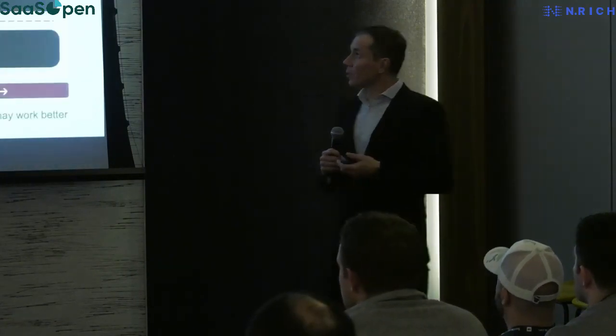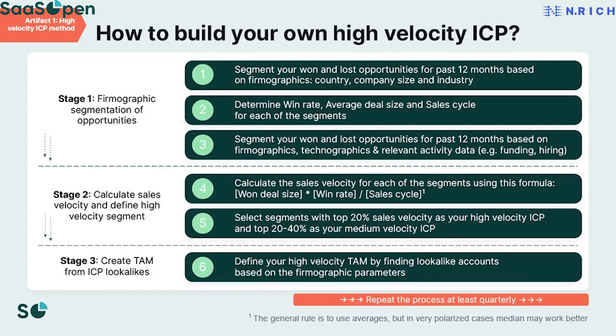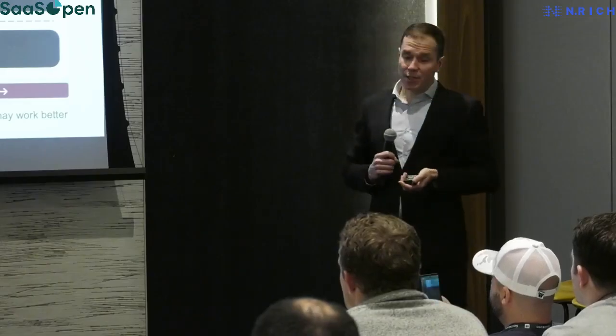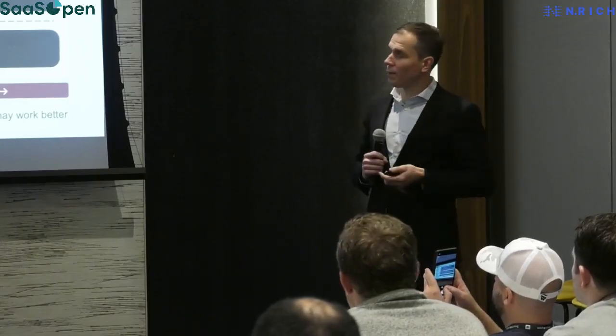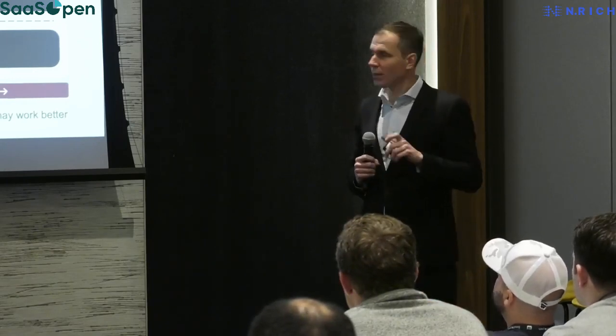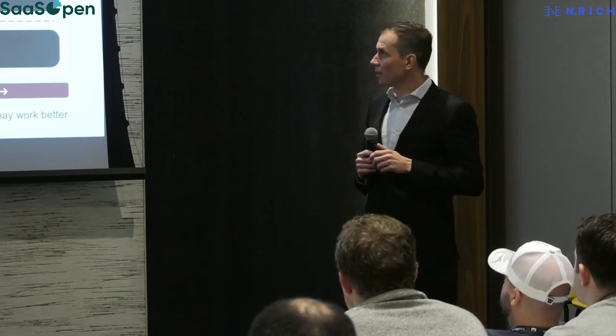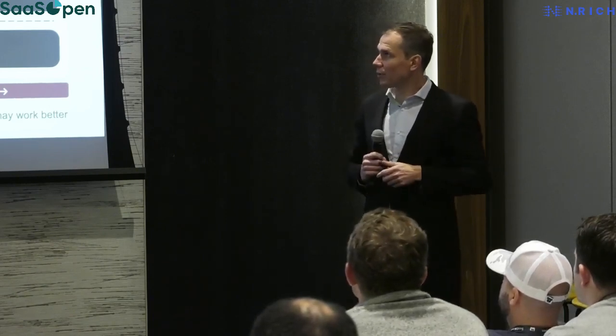Okay, I won't go through this in detail, but the idea is that with this process, you can define your own sales velocity ICP. There are basically 3 stages here. You start by segmenting your current opportunity data based on firmographics or different activity data that you have available.